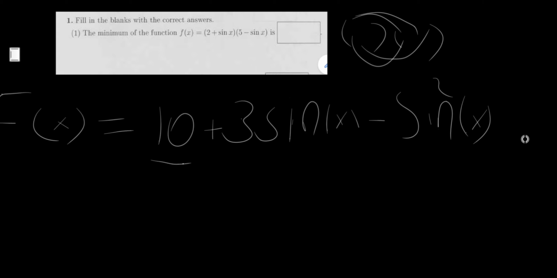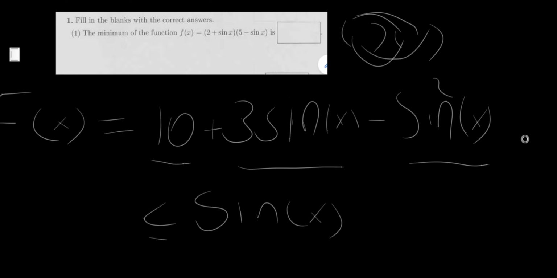So what can we do? Well, we can do something over here and over here, because this is depending on x, okay? So look, you need to remember that sine of x is bigger or equal to minus 1 and smaller or equal to 1, okay? Sine of x is always between these numbers, okay?